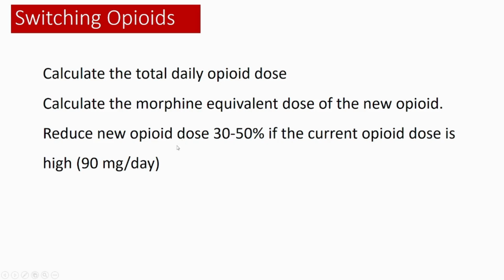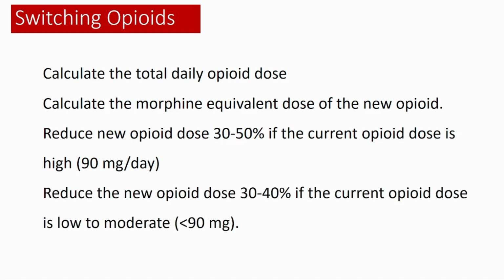First step is to calculate the 24-hour total daily dose of opioid, and then calculate the equivalent dose and reduce the new opioid dose 30 to 50% if the current opioid dose is high, 90 milligrams per day. The 30 to 50% reduction for the new opioid depends on the prescriber's choice.